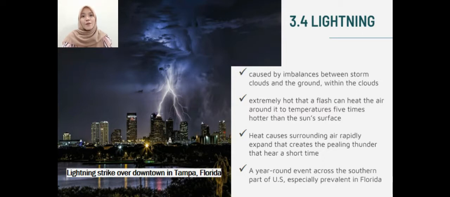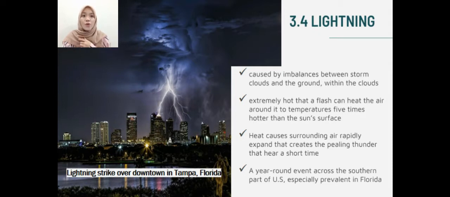Besides that, there is also lightning. This natural hazard is an electrical discharge caused by an imbalance between the storm clouds and the ground, or within the clouds. It is extremely hot, as a flash can heat the air around it to temperatures 5 times hotter than the sun's surface.